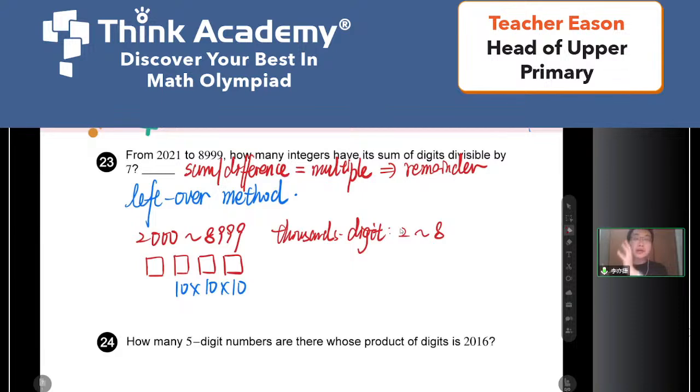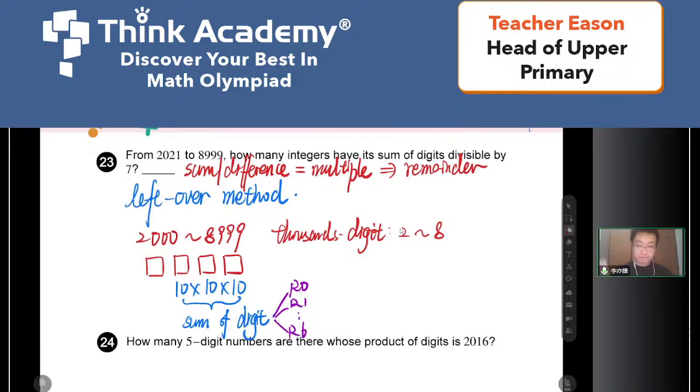And then after these 3 numbers are determined, we can calculate the sum of digits here. After the sum is done, the remainder should be determined, right? So this remainder would be 0, 1, up to remainder 6 when divided by 7, right?